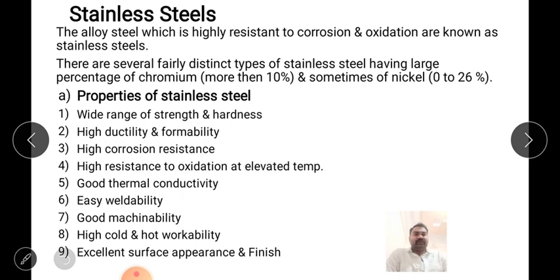Is it? So are you getting it? What is stainless steel? The stainless steel is nothing but the alloy steel which is highly resistant to oxidation and corrosion.